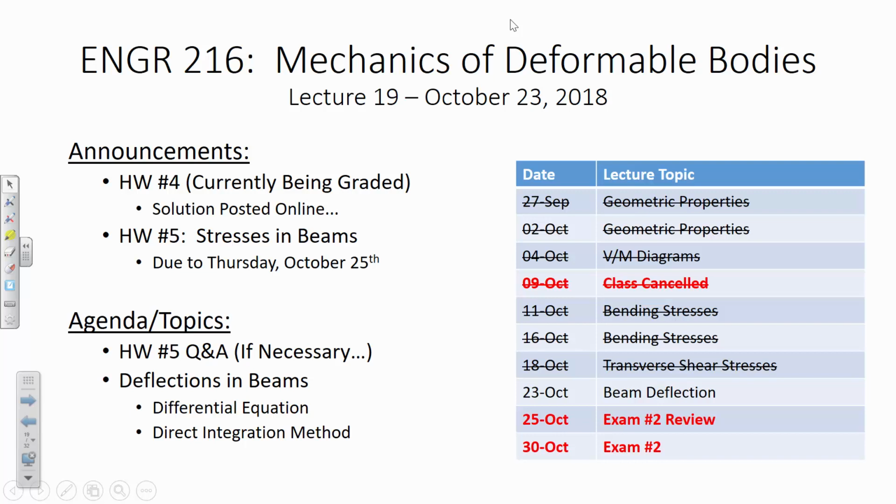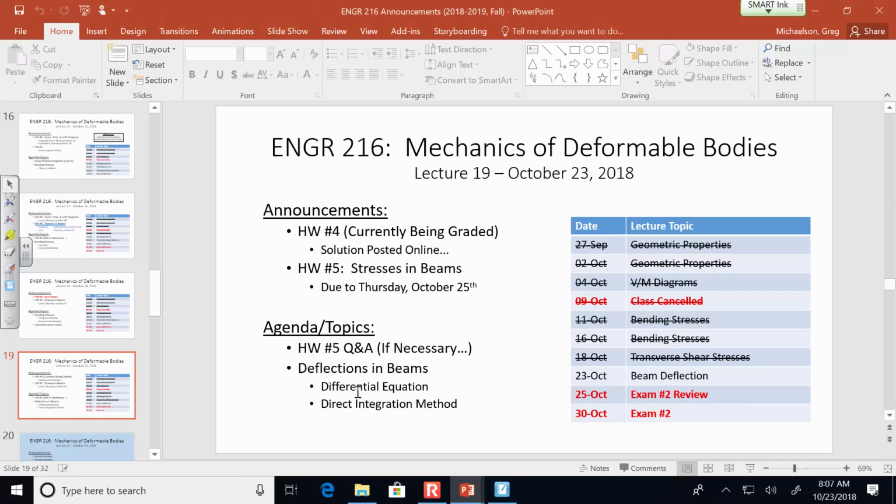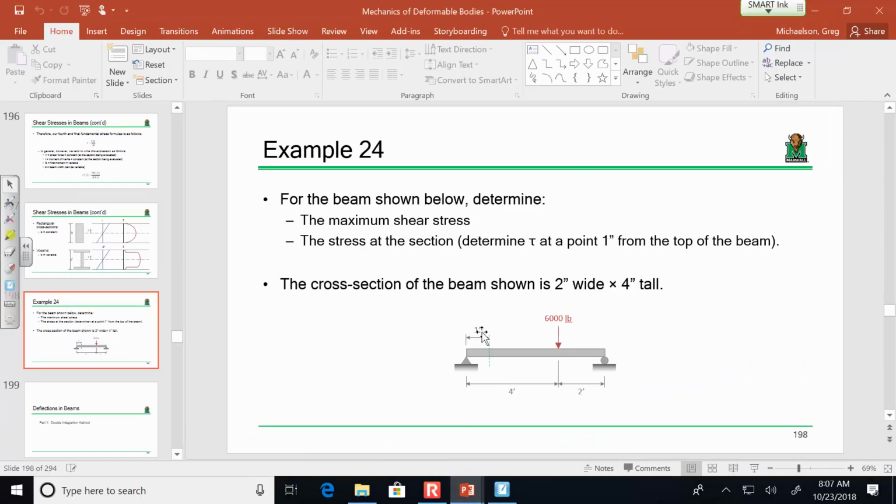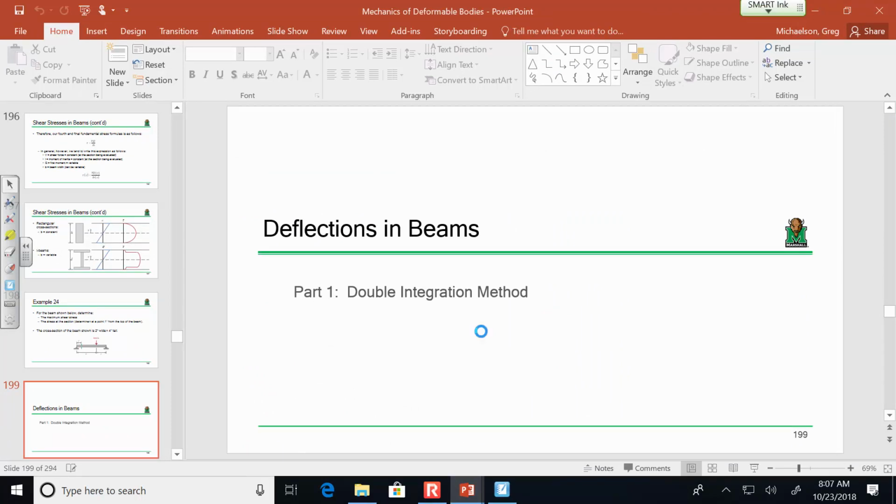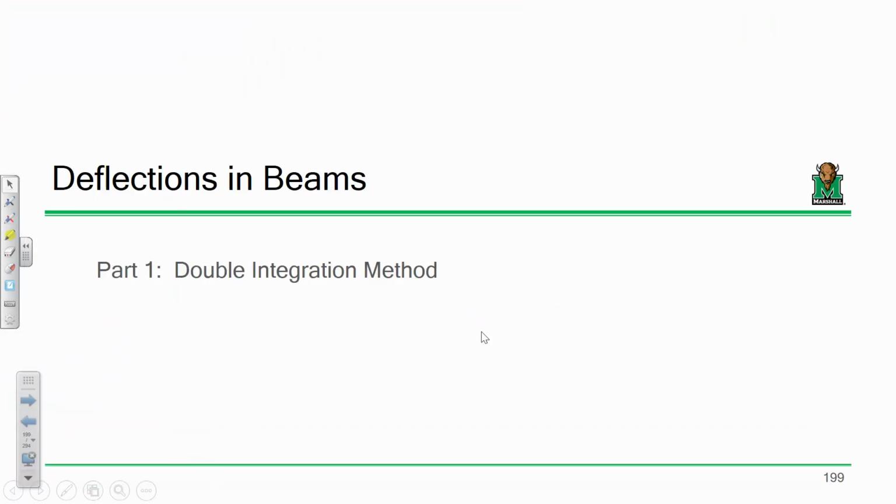So today I want to go through deflections in beams. What we do in here is a little different. If you're a civil engineer and you take structural analysis, the computation of beam deflections and the understanding of beam deflections is an incredibly important topic to us as civil engineers.